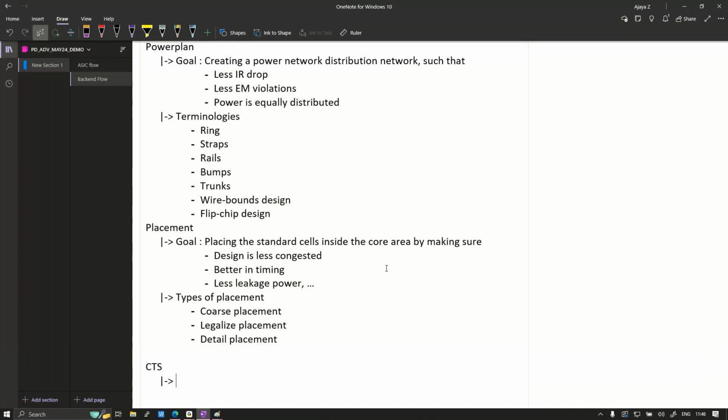That's what we have to make sure. The first criterion is that my clock is properly reaching all the sequential circuits with minimal variation. If I pass the clock at the same time to all the sequential circuits, and everything is synchronized, what will happen?